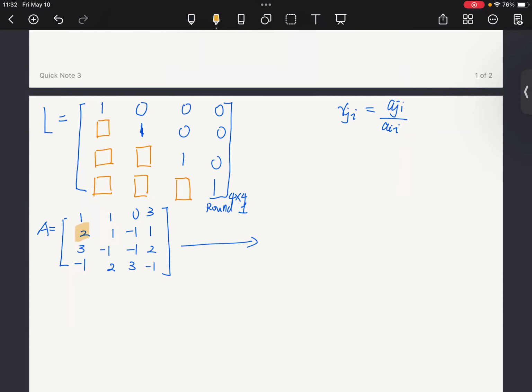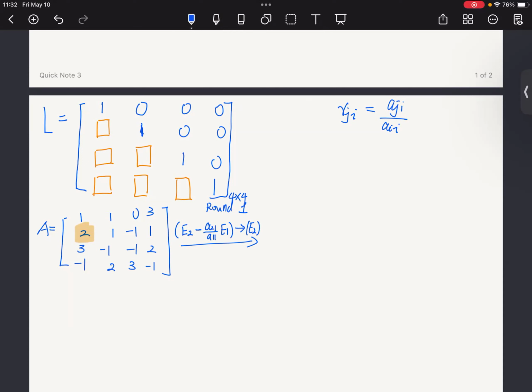I'm going to change the row 2, and use the row 2, and subtract the ratio, which should be A_21 divided by A_11, right? Because of the ratio definition here, times the row 1, and then use this result to replace the original row 2. Does that make sense?